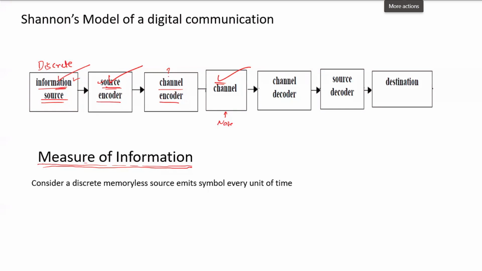Okay, so this can be applied to the source as well, a discrete memoryless source.